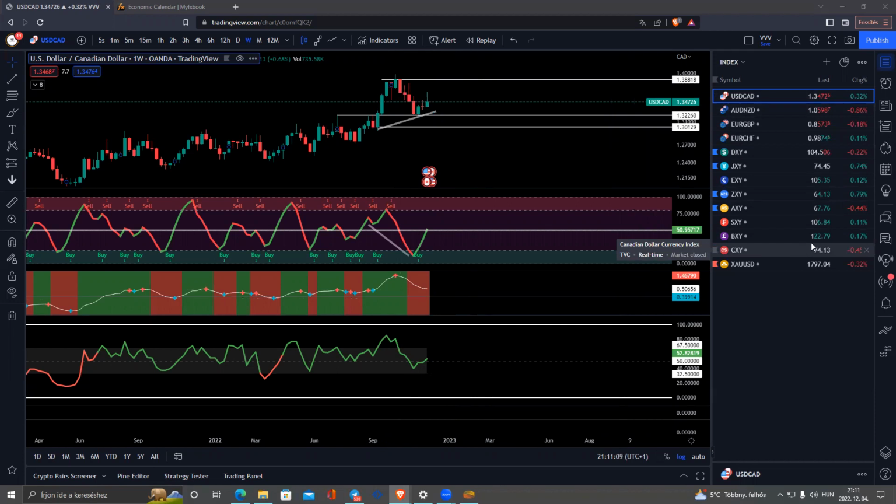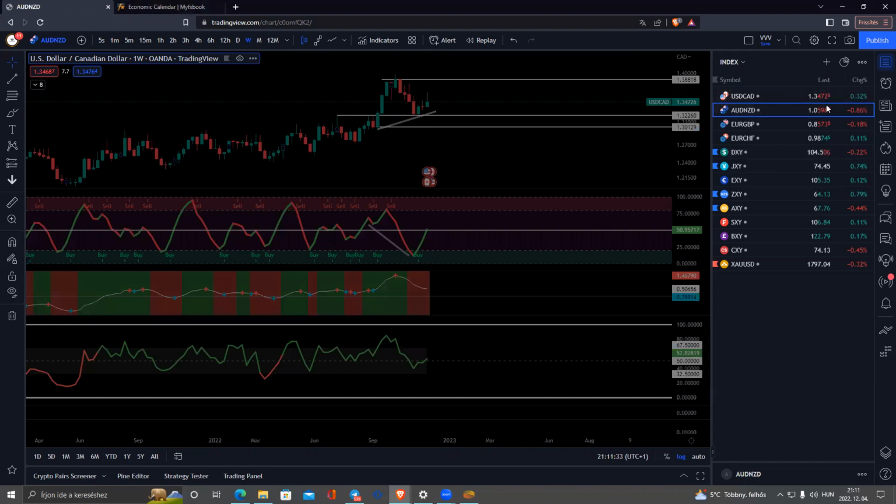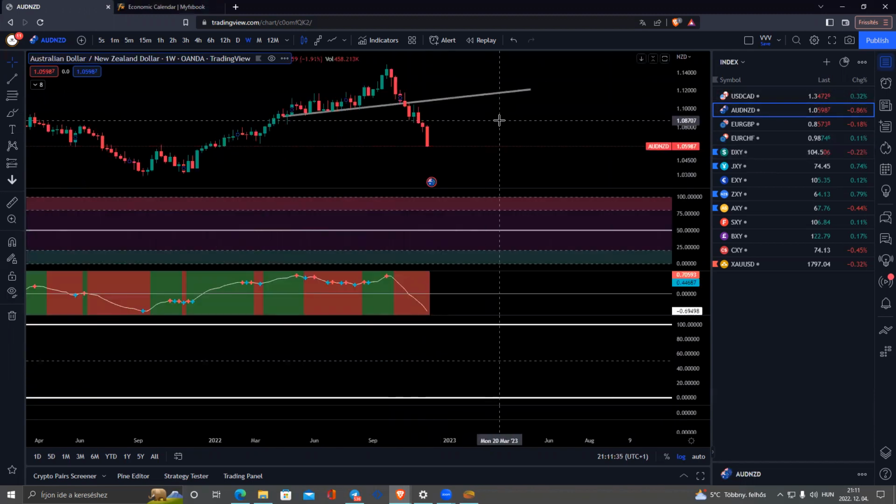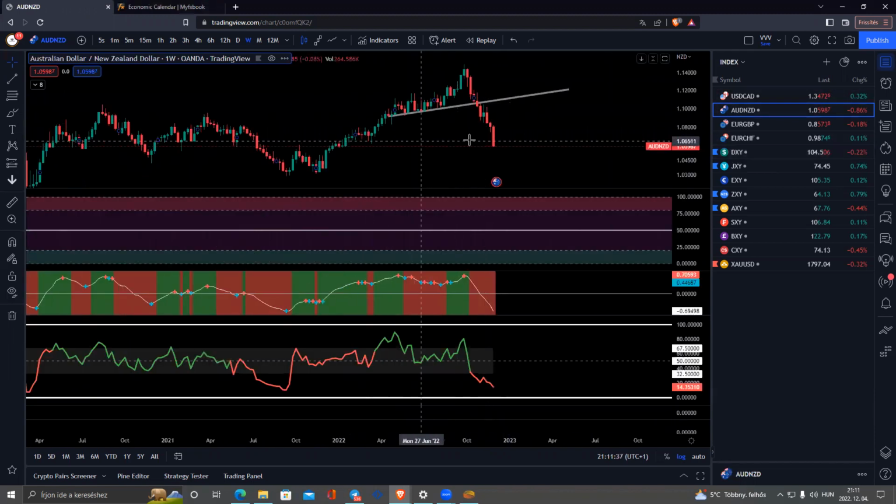Also, the Canadian dollar was one of the currencies which closed in red together with the DXY. So the previous week was actually both currencies a bit weaker than the rest. Australian dollar and ZD.